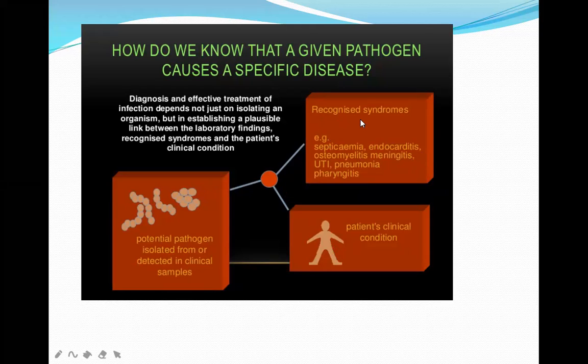Here, recognize syndromes, for example septicemia, endocarditis. These are the symptoms. The diagnosis and effective treatment of infection depend not just on isolation of the organism, but on establishing a plausible link between the laboratory findings regarding syndromes and the patient's clinical condition.